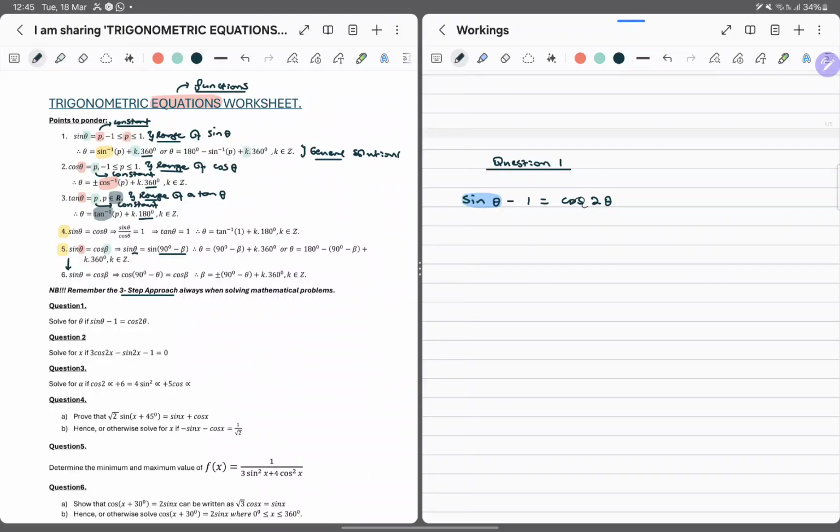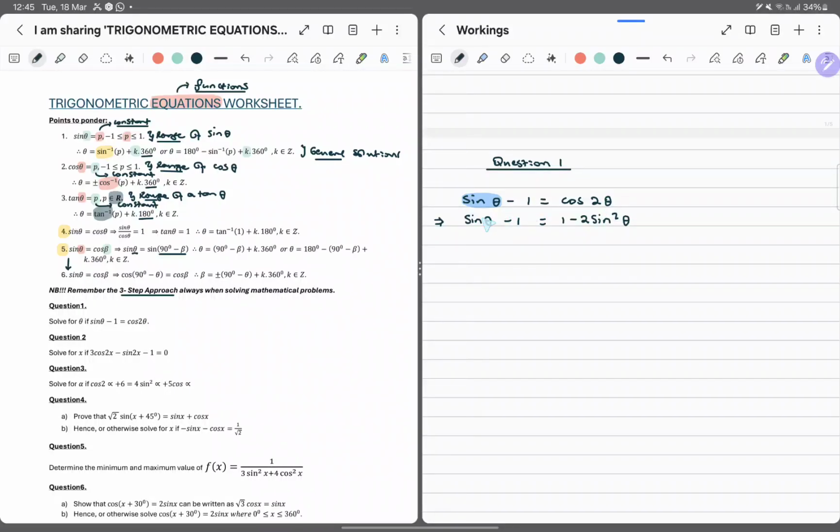it means we need to represent this in terms of sine so that we can achieve a quadratic trinomial. So we almost always try for that, okay? So we're going to have sine theta minus 1 is equal to, this one is going to be 1 minus 2 sine squared theta.